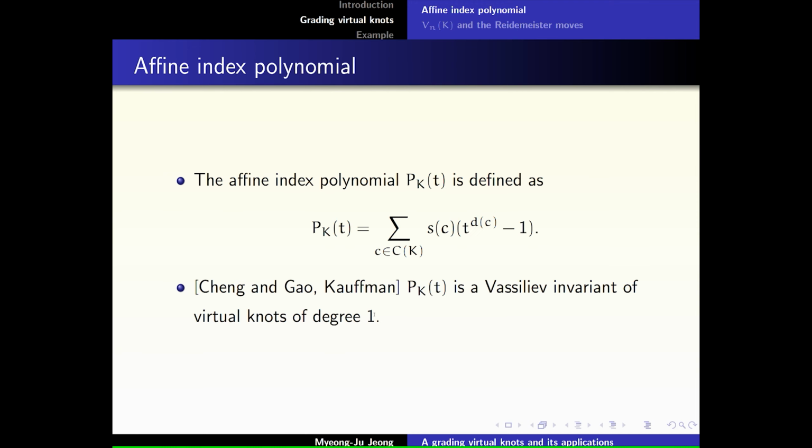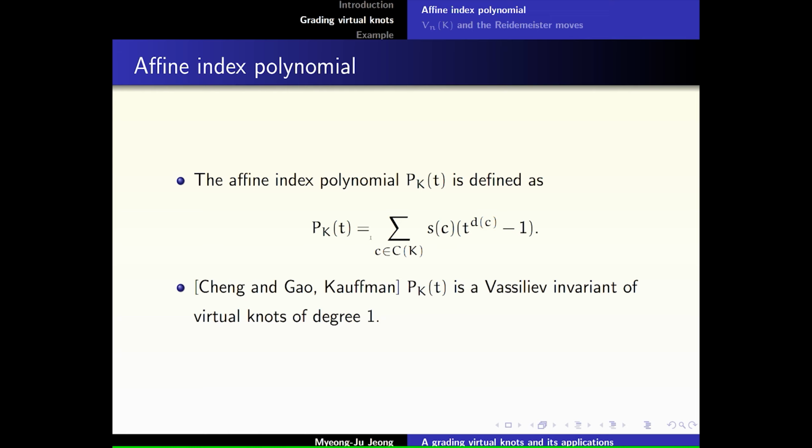So let's see what Kauffman and Chen have done for invariance of virtual knots by using the degree. The affine index polynomial, which is denoted by P sub K of t, is defined by this formula.